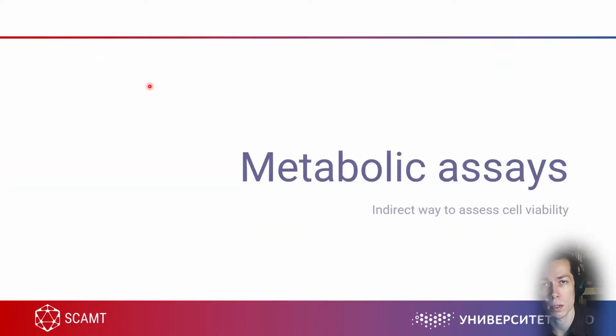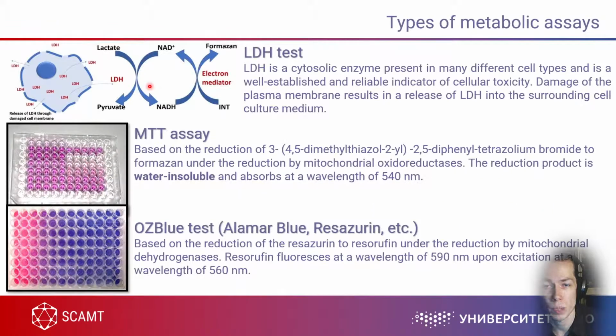But still we need to discuss these indirect ways, so metabolic assays. MTT assay is the most used in our lab and in other labs, and this is a metabolic assay, but an indirect way to observe cell viability.